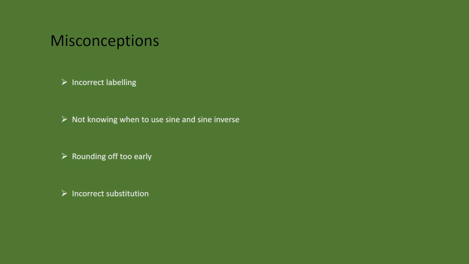Another common mistake students make is that they round off too early. For example, when we use the sine inverse, we have a value inside the bracket, like sine inverse of x times y or something like that.